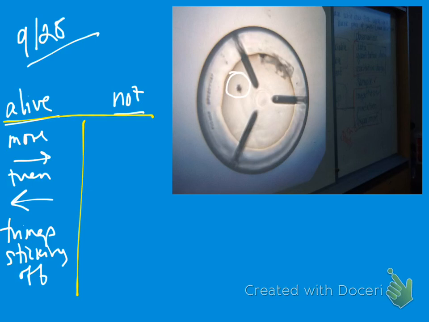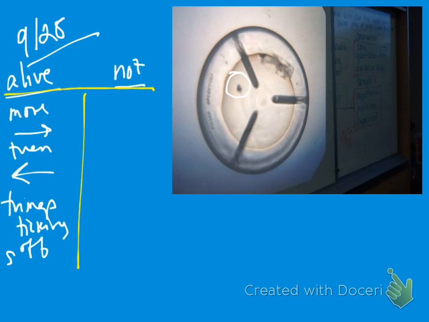Okay, what else? What were other observations you made that would make you say, yep, that thing's alive? Yes, sir. The other one that was stuck in the wall, and you got it off the wall, started moving. Okay, so started moving.